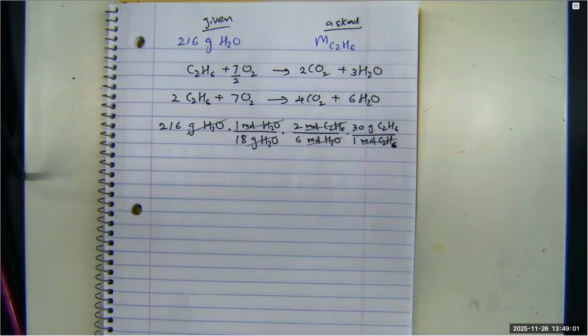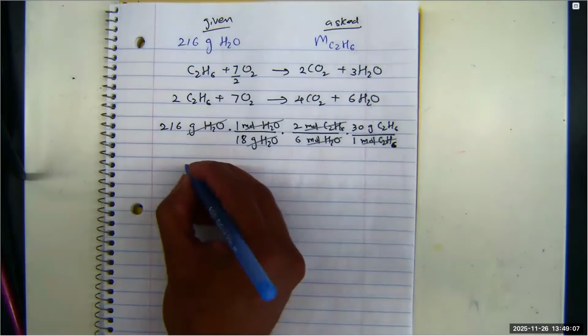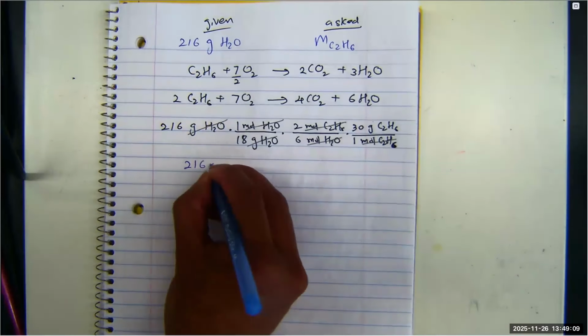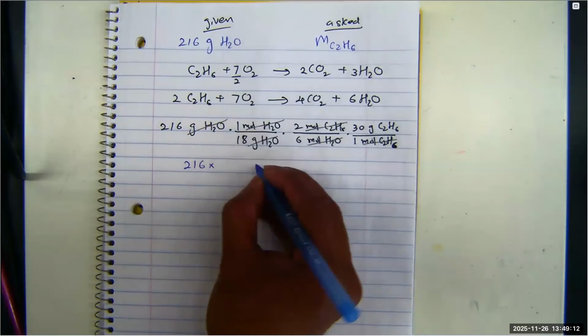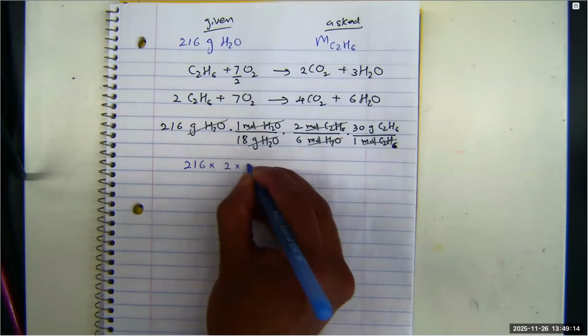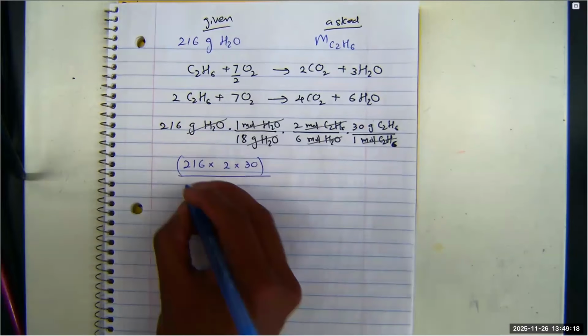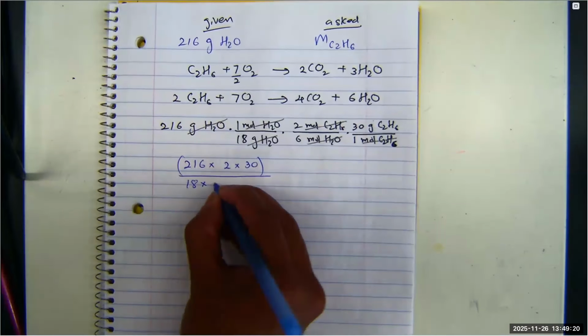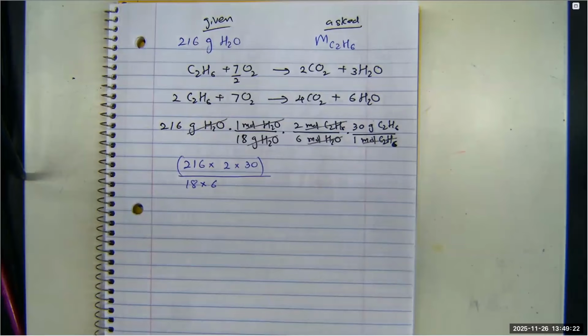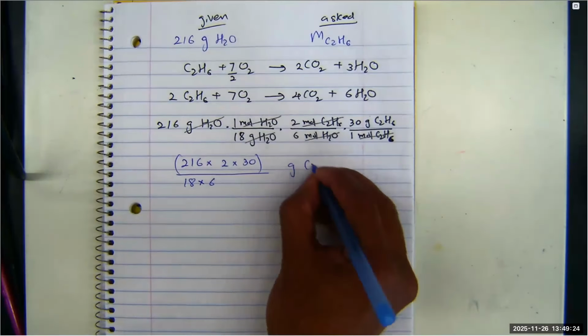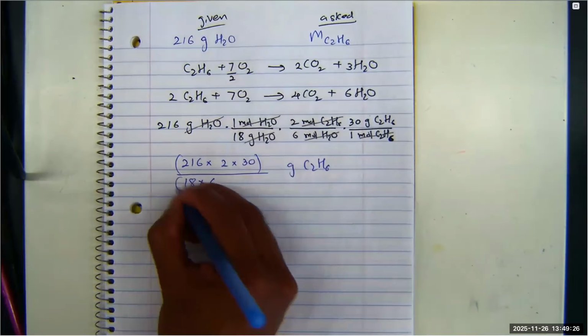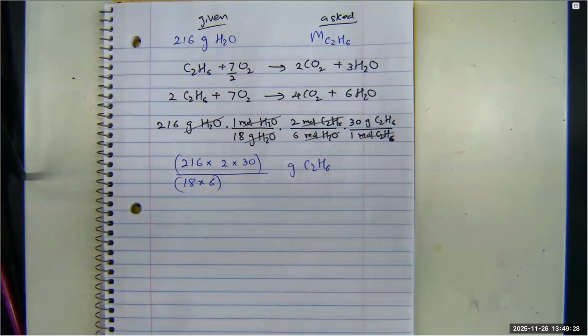Now, we just need to plug these numbers into a calculator. I don't have a calculator. You have to do it. So you need to have 216 multiplied by 2 multiplied by 30 in the numerator, and in the denominator I have 18 multiplied by 6, and this is going to be the grams of C2H6.